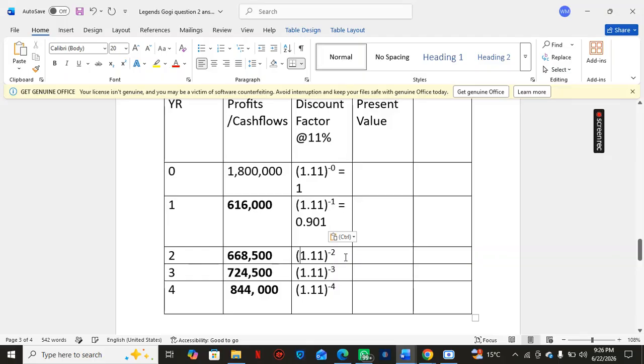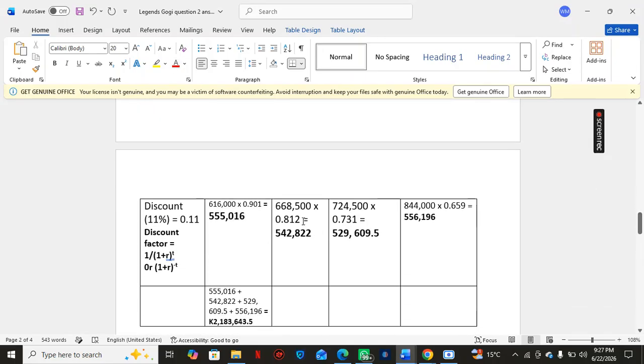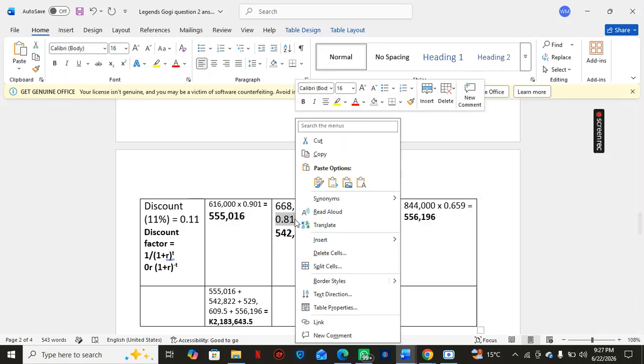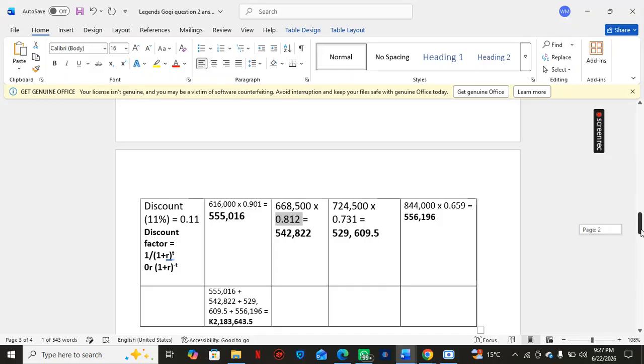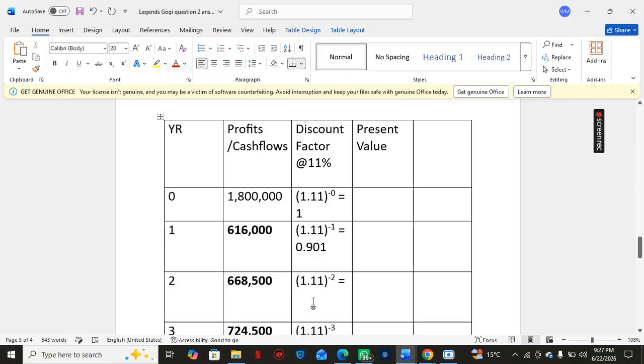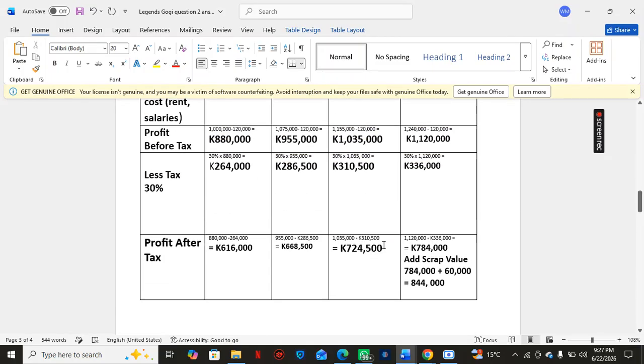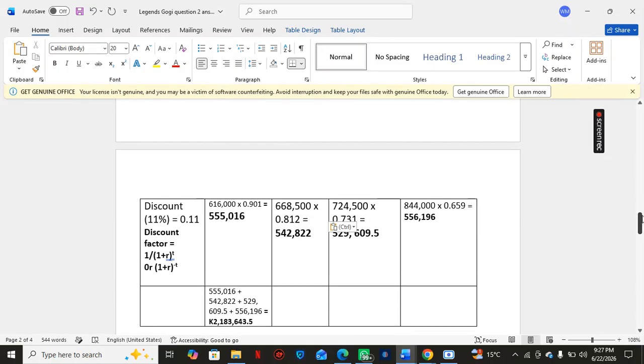Then 1.11 to the power -2, we get 0.812. 1.11 to the power -3, you get 0.731.